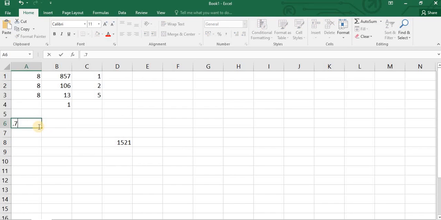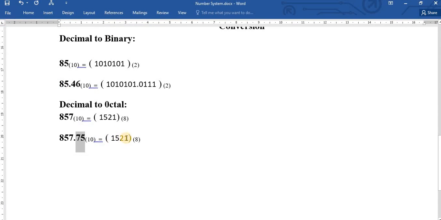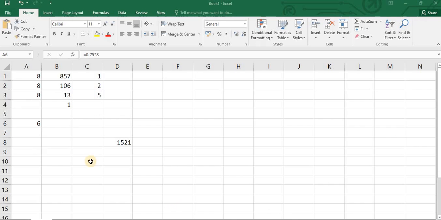Write down 0.75 multiplied by 8. Okay, then you will get 6, complete 6. That means there is no decimal part here, so you will directly write down 6 here. So you will write down 0.6 here.